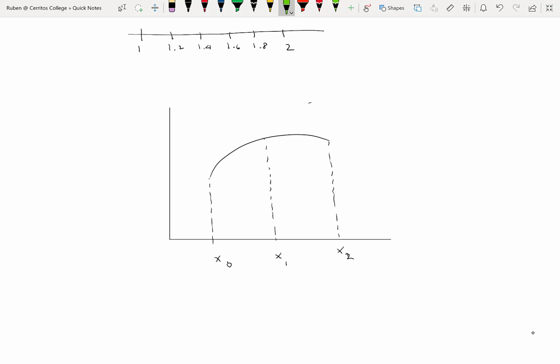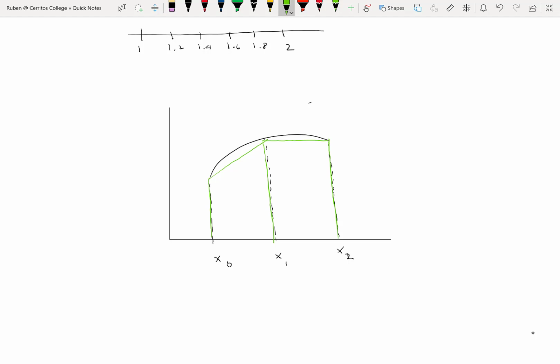The trapezoid rule says that we're estimating the integral, which we can interpret as the area for now under the curve, by using trapezoids, or by using line segments between the y values. Line segments.